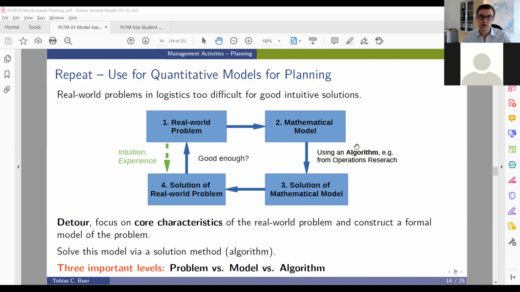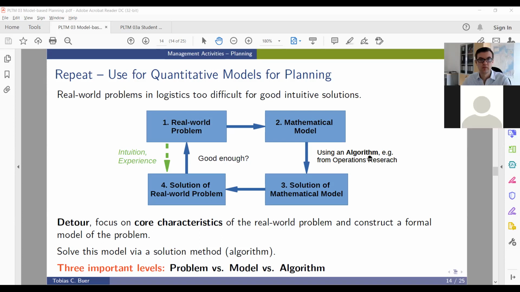So who can explain to me what this picture shows? Yeah, Shima?